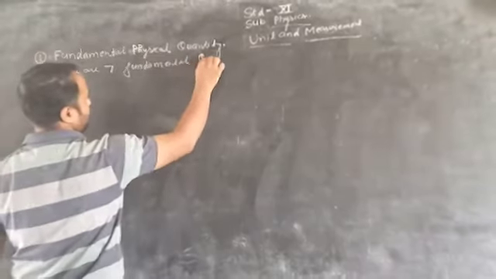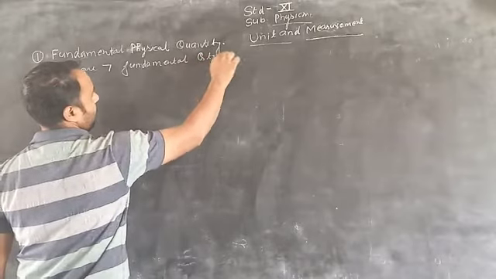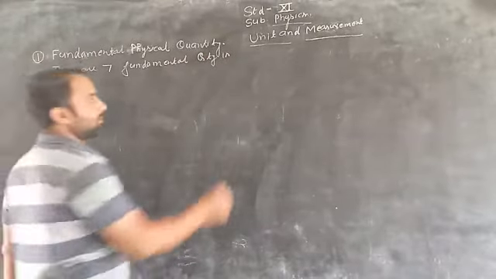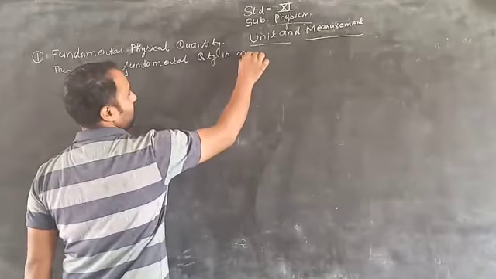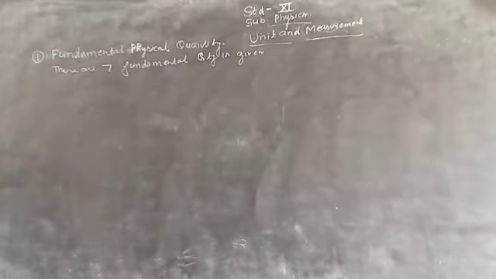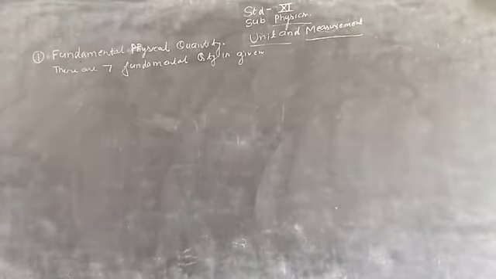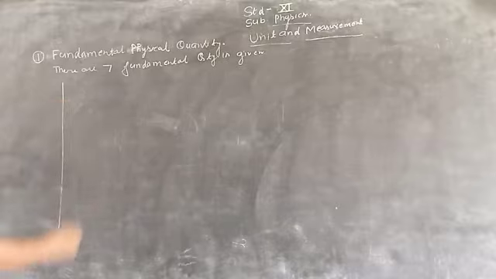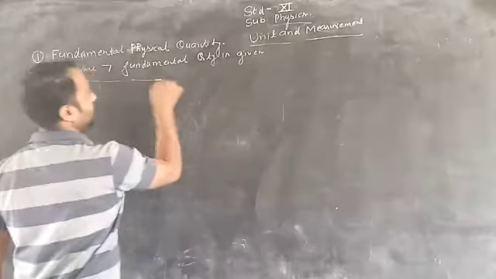There are 7 fundamental quantities given here. So we have to write all the fundamental quantities and the symbols we are using here. So we have to draw a simple table here.